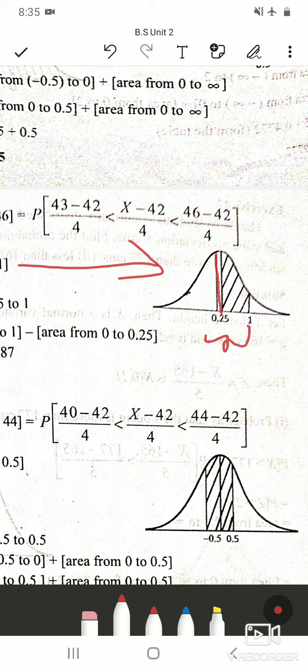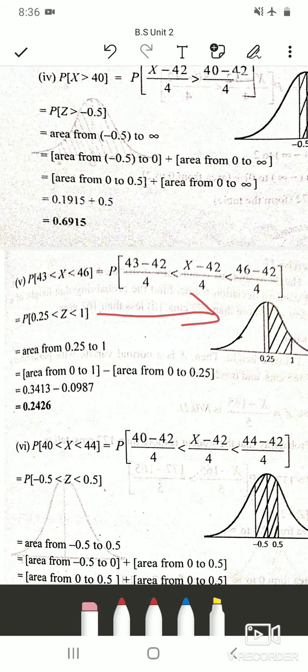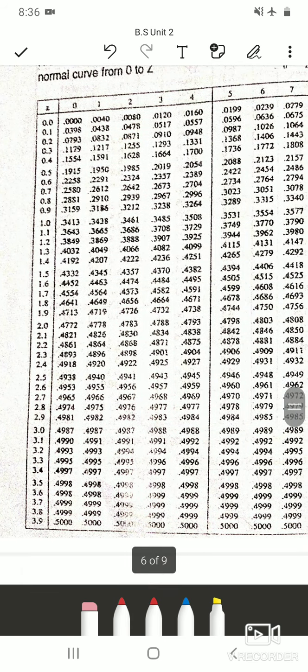So again we can find the area from 0 to 0.25. If you subtract this area from the bigger area, we get the remaining required area. So we want the area from 0.25 to 1, that is the area from 0 to 1 minus the area from 0 to 0.25. So go to the table.